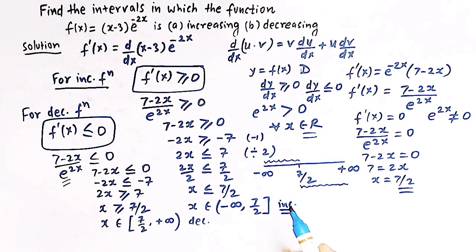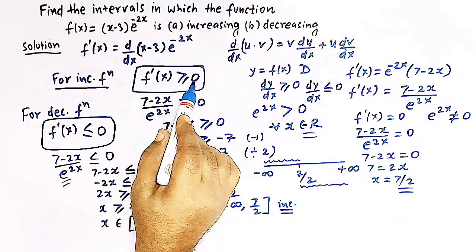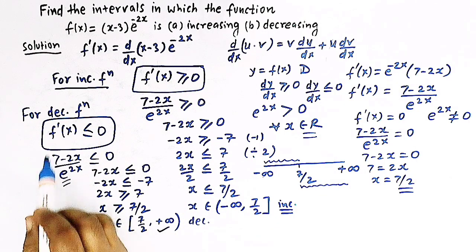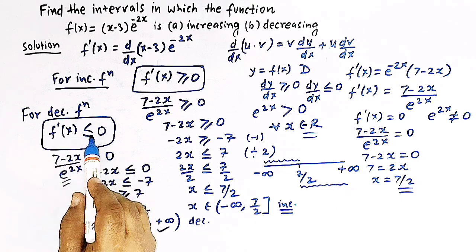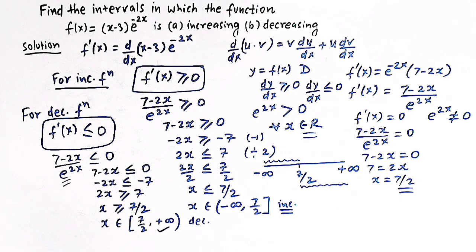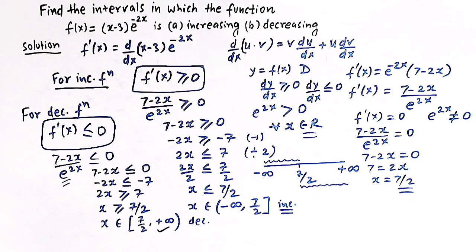So this implies that when we take this interval, the derivative is always going to be greater than or equal to 0, and when we take this interval, the derivative is always going to be less than or equal to 0, right? So this is how we can find out the intervals where this function is increasing and decreasing.